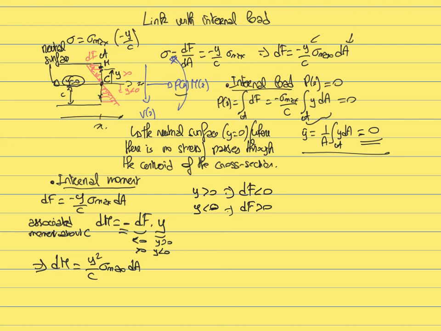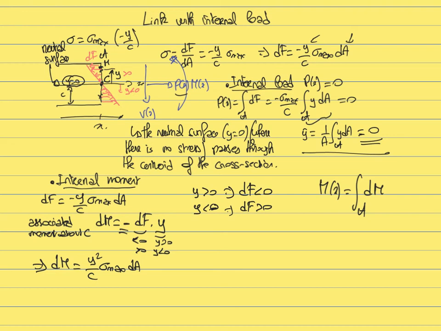So now necessarily I have the small moment dM that is created by each small force. Now necessarily if I take the sum of all those small moments, that's going to give me the total internal moment. The total internal moment M of x has to be the sum over all the cross section of all the small moments dM. So if I take the sum over the cross section of all those small moments dM associated to each of the small force dF, then I should get the total moment.